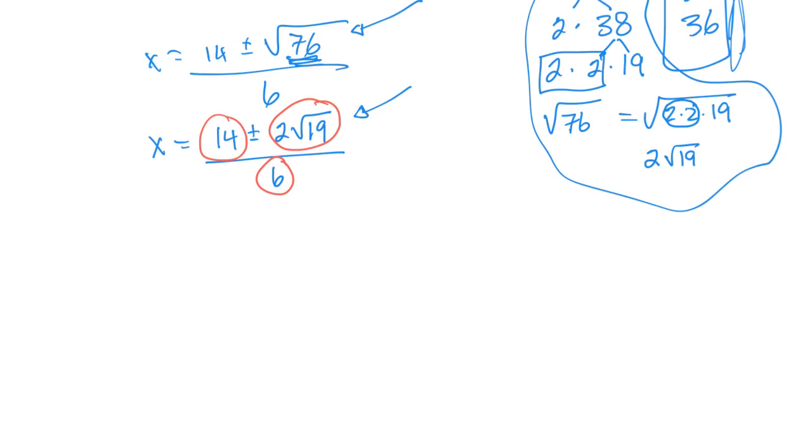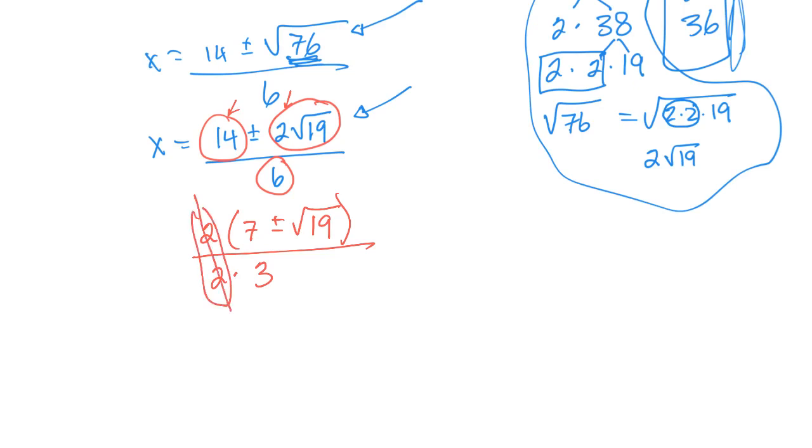I'll look at the top two and say, well, 2 will divide evenly into the 14 and in the 2. So factor a 2 out, leaving me with 7 plus or minus root 19. And then on the bottom, 6 is the same thing as 2 times 3. And now here you can see a common factor of 2, which I can eliminate. So my final answer will be 7 plus or minus root 19 all over 3.